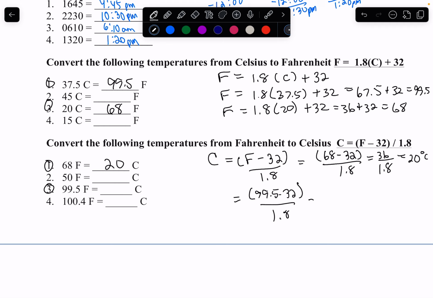We're going to get 67.5, and then we're going to divide that by 1.8, and we get indeed 37.5 degrees Celsius. So let's put that on there. So that's a little bit about how we convert between Celsius to Fahrenheit or vice versa.